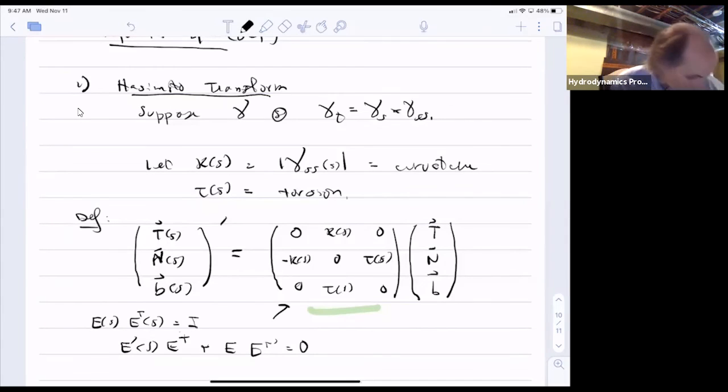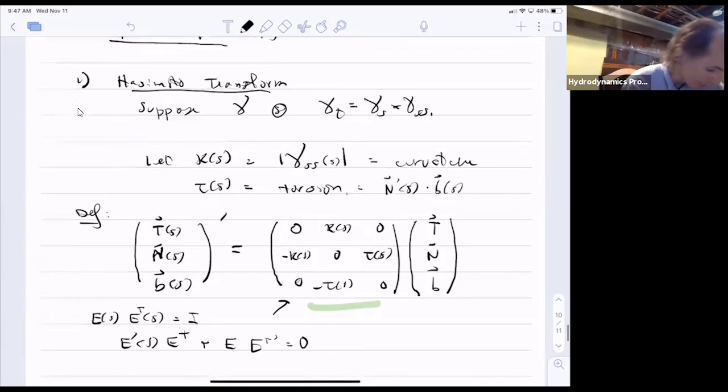From this we can say the torsion is what you get if I take n prime and take the dot product with B. So I'm describing the remarkable Hashimoto transform. I have this curve which solves the equation.